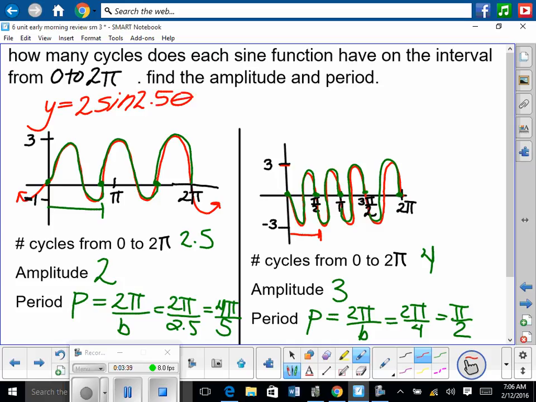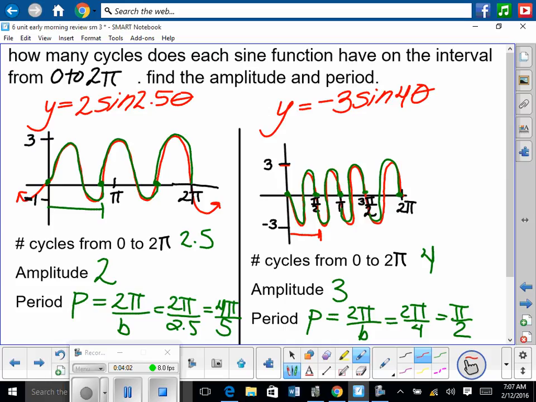And then up here we could write an equation easy, y is equal to 3. Oh, but wasn't it, oh, this one went up first. This one went down first, so isn't it negative? So negative 3 sine, and it was a sine function, and then the number of cycles between 0 to 2 pi was 4. So 4 theta. Remember that your period is not in the equation.